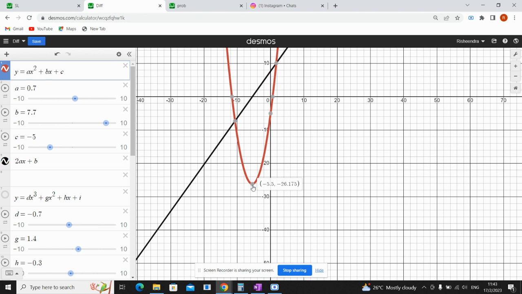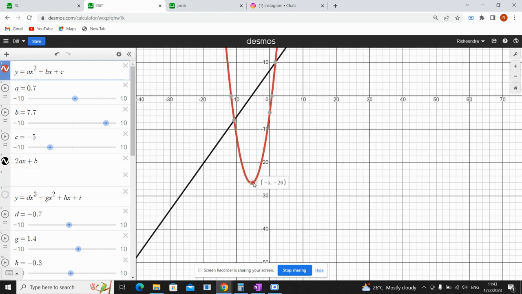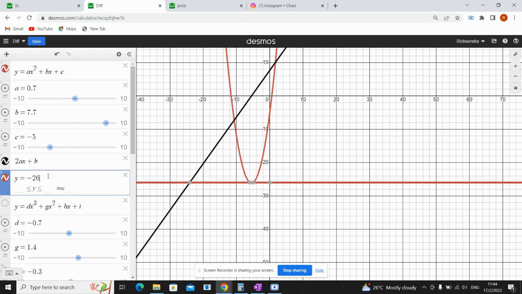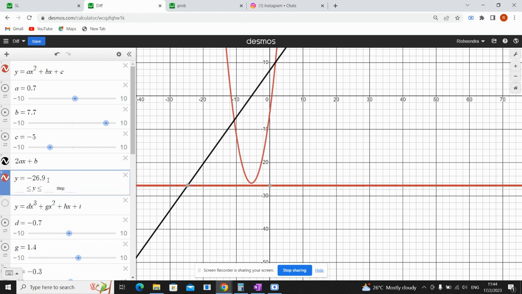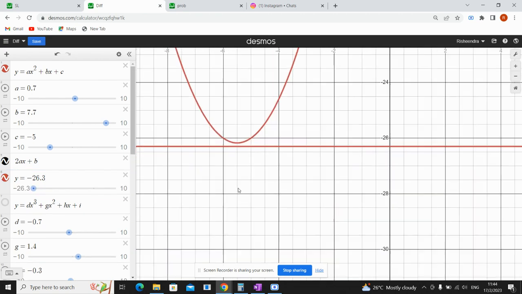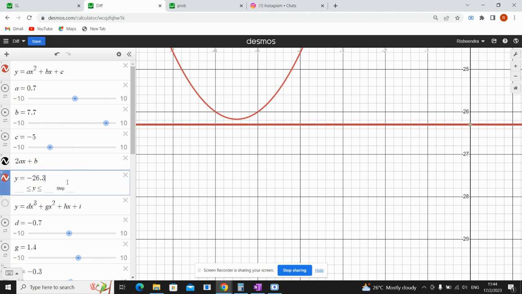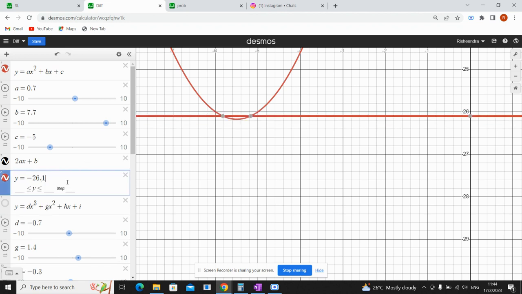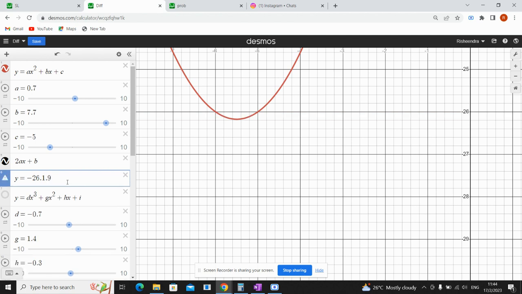The point is minus 5.5. y equals minus 26. The tangent to the parabola, 26.9. See, we are approaching the tangent of this parabola. Look, there's a little bit of gap. Let's fill it.